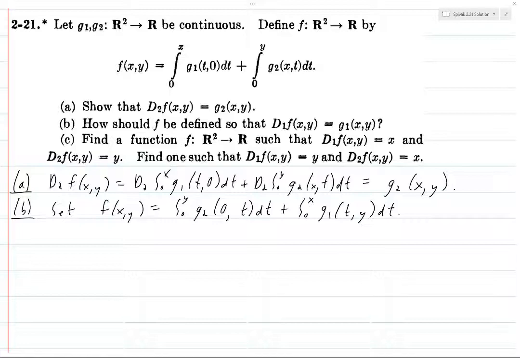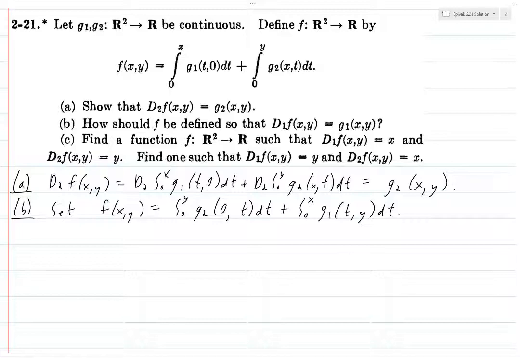We could replace that with any function which does not depend on x. Literally any function which does not depend on x. And f would still satisfy d1 of f equals g1. So I don't know why they wanted us to see this. I guess what they just wanted us to see is that if you move around the x's and the y's, then you can get a very similar result.